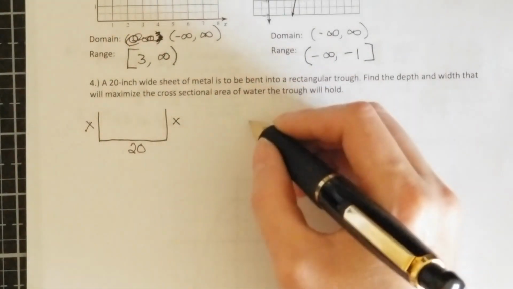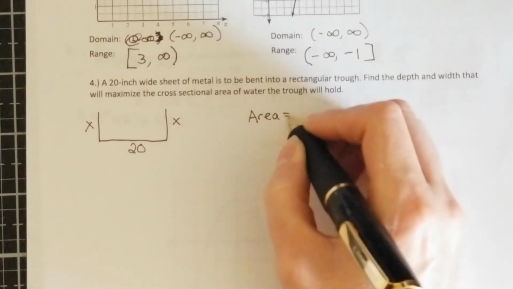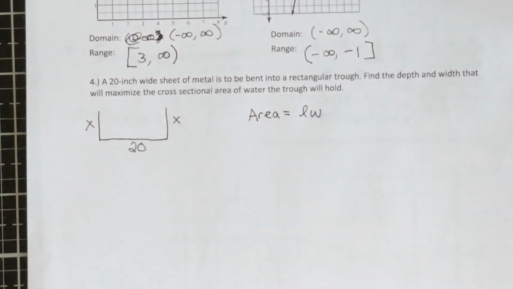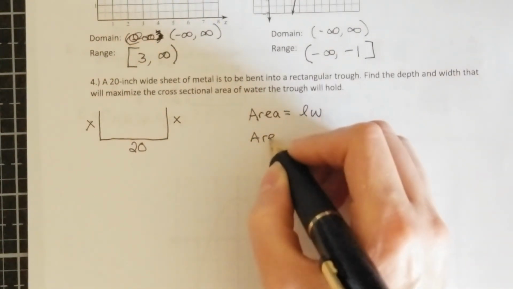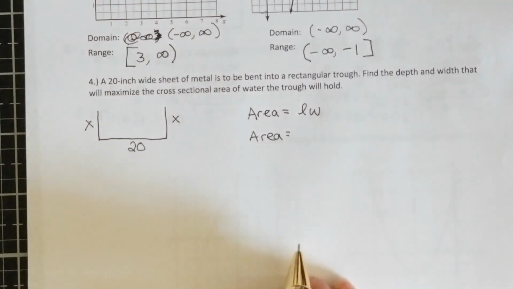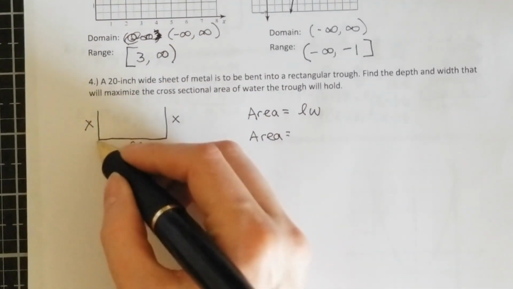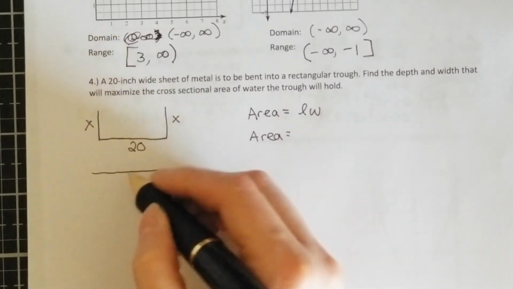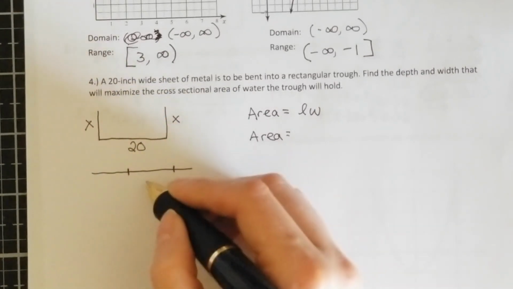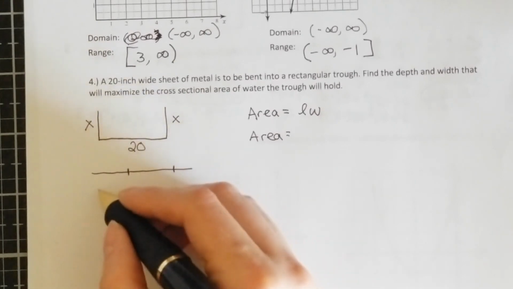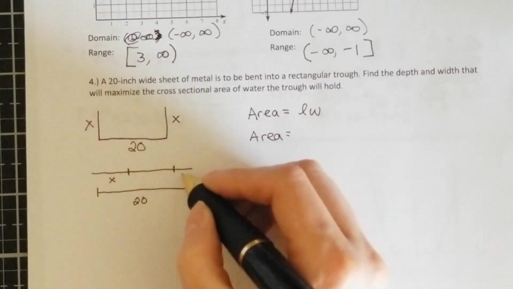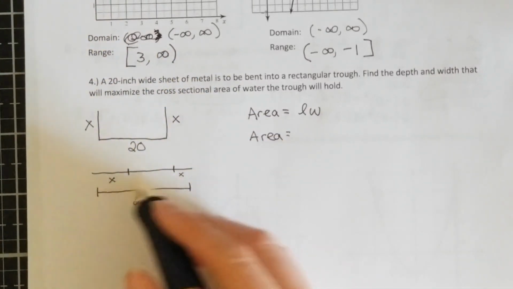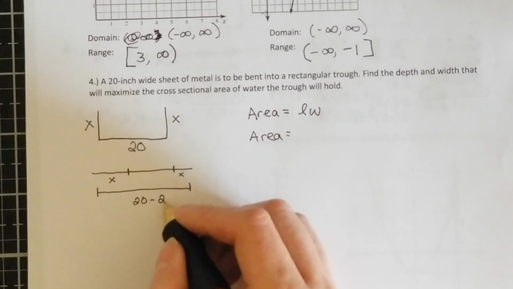All right, area is length times width. Okay, so if we look at the area, the length on here, if I would extend this out and fold this flat, we would have that the whole thing is 20, but I have these two x's off the side, so I need to subtract those out.